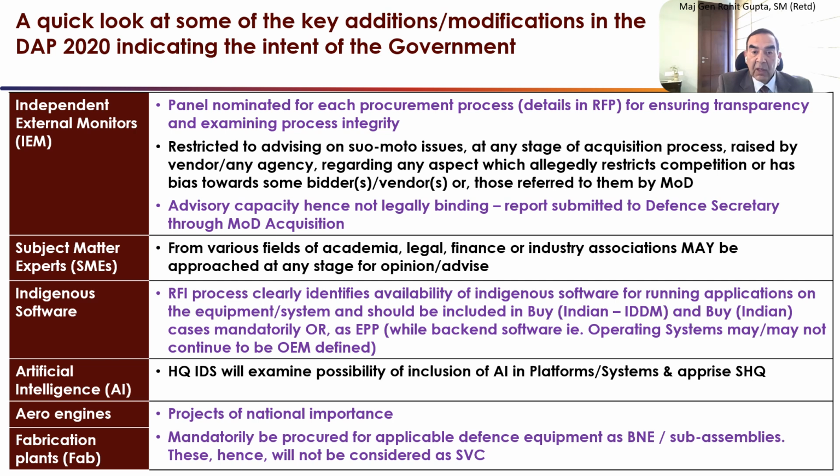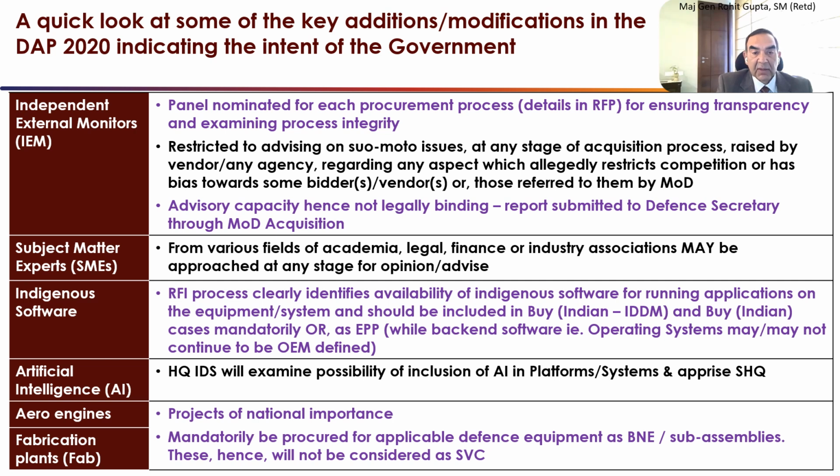They could also be included as the enhanced performance parameters. We will see enhanced performance parameters in chapter 2. While running of indigenous software is okay, the backend software, that is the operating system, may or may not continue to be OEM defined and may be from a foreign country.